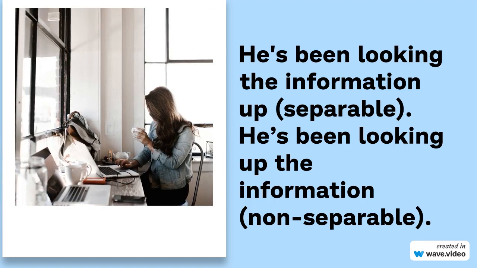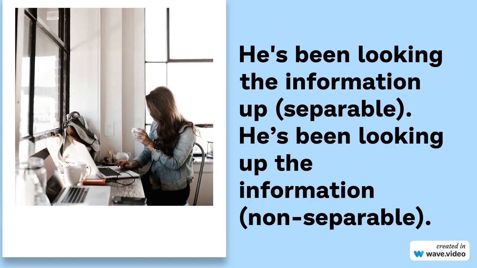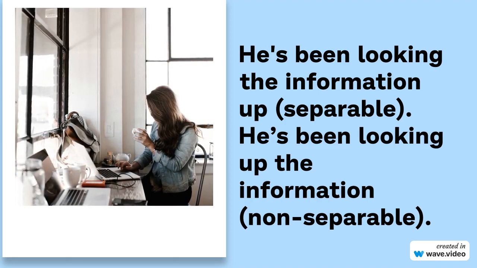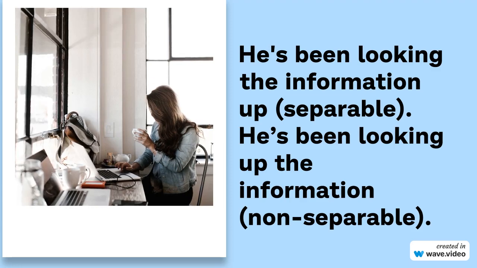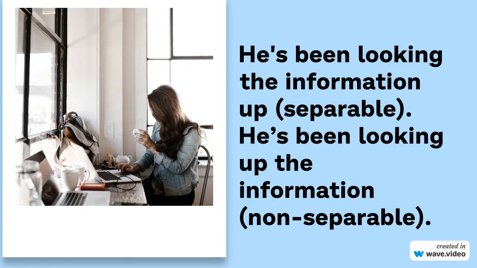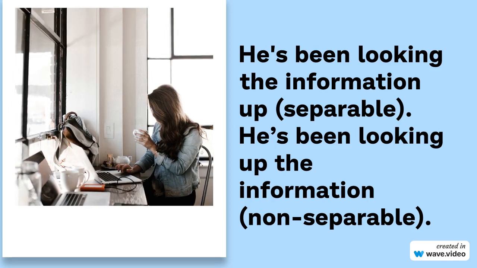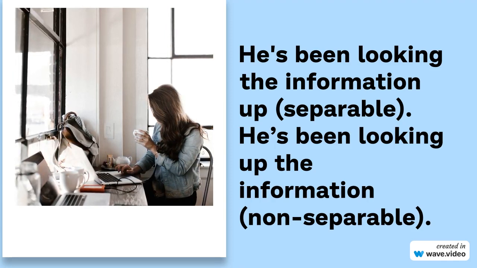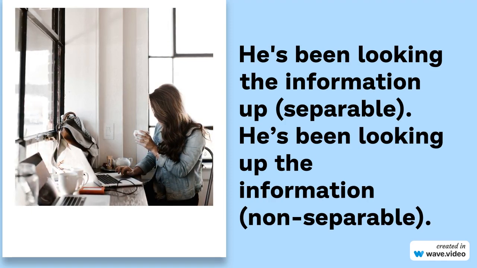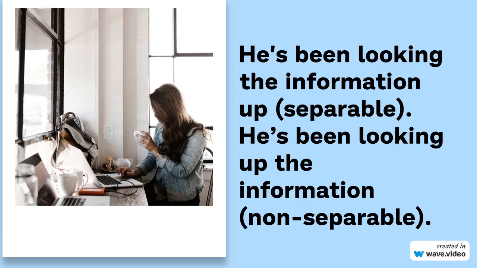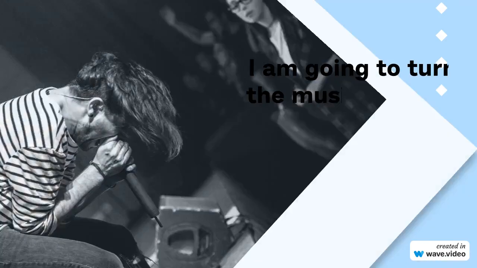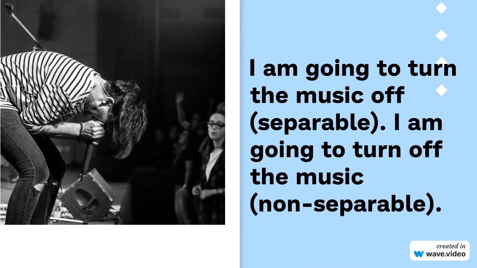Non-separable. Now, another example. He has been looking the information up. This is separable. Looking and up. We have separated looking from up by inserting the information. He has been looking the information up. In the second example, he has been looking up the information. This is non-separable. Looking up the information. Next, I am going to turn the music off.